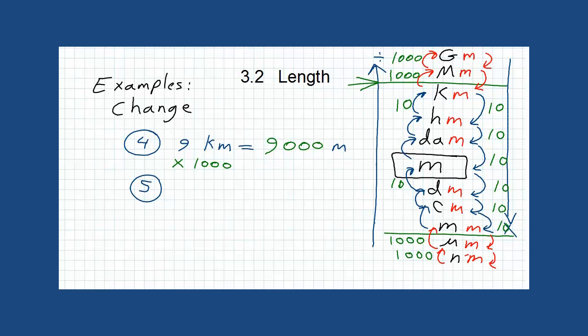Example 5: 95 hundredth meters is equal to how many micrometers? If we look at the table, to travel from meters to micrometers, we need to jump 1, 2, 3, 4 steps.